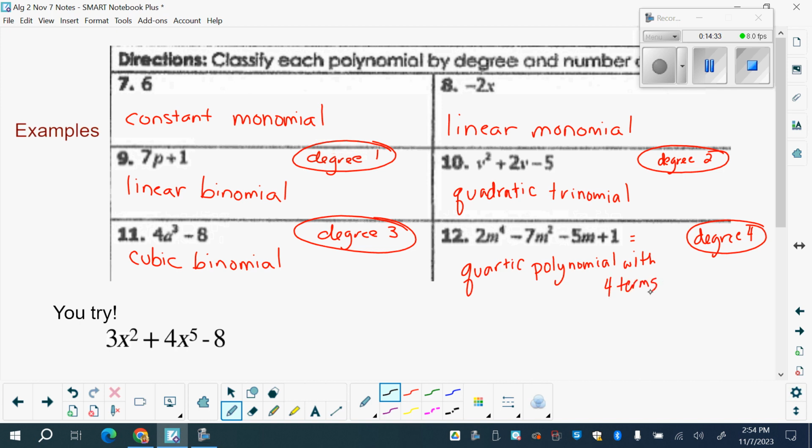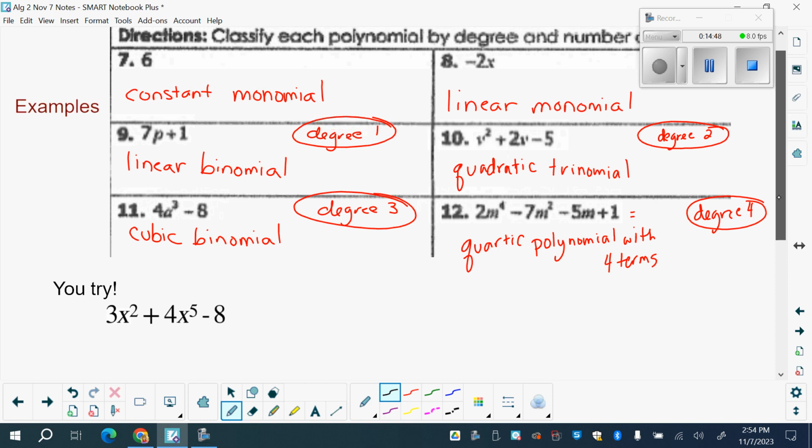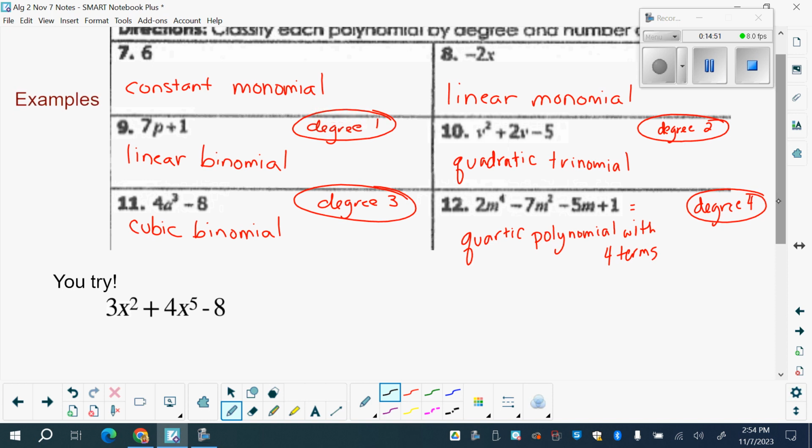So quickly do the try. It's not on your paper, it's just up here. What would that be called according to the degree and number of terms? Oh, it was a long one. So degree 5, right?